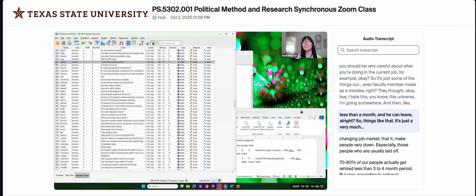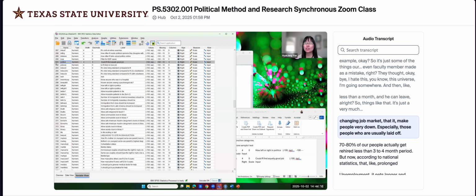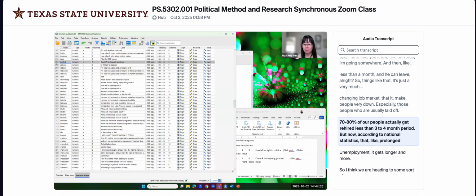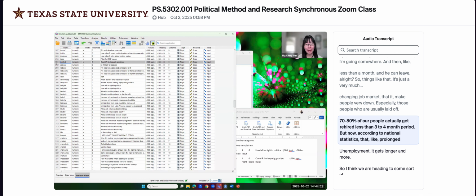All right, so it's a very much changing job market that makes people very down, especially people who are laid off. 70-80% of people actually get rehired in less than a 3 to 4 month period.